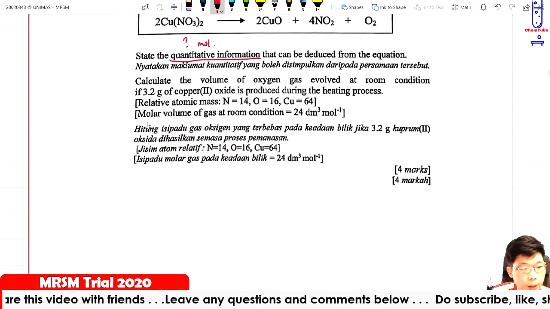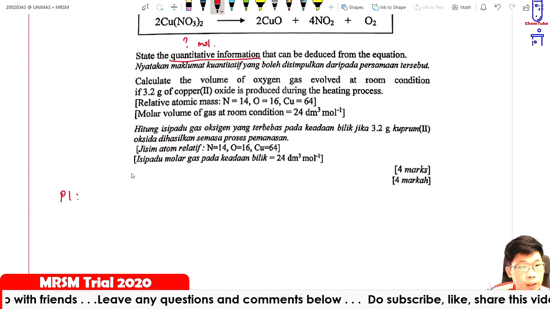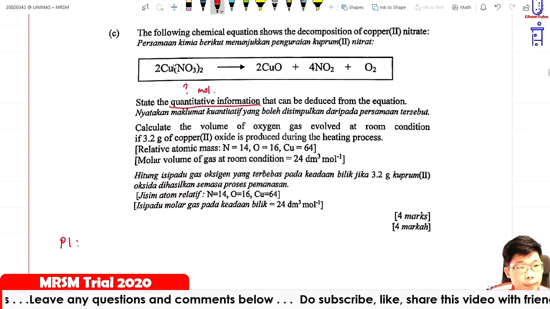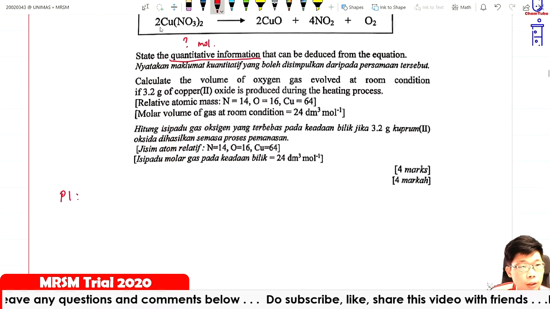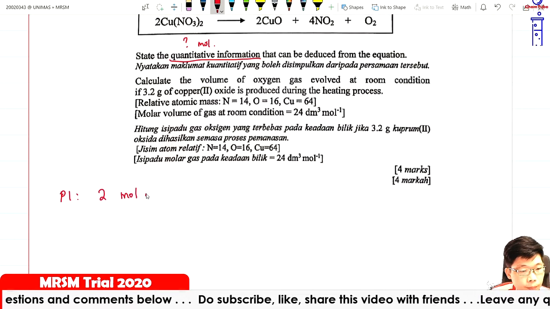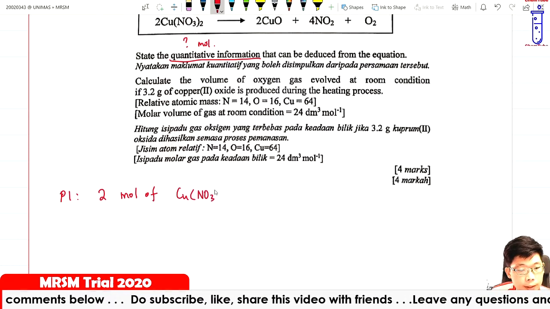So point number 1 we can mention is the quantitative. We just mention whatever inside the equation here. So 2 in front means 2 mole of copper 2 nitrate.